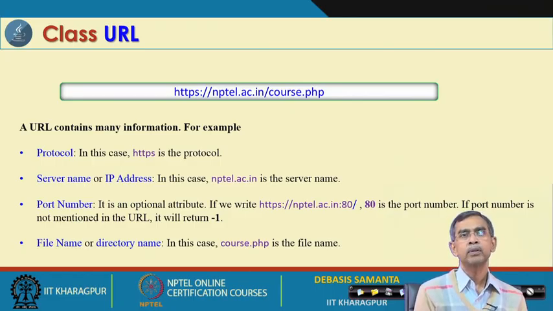So, here we have the protocol and the server name, and sometimes the server name is associated with a port number also. For example, nptel.ac.in and then a colon and a port number, say 5050, can also be specified. If no port number is mentioned, then by default the port number will be considered as -1. This is the default standard.